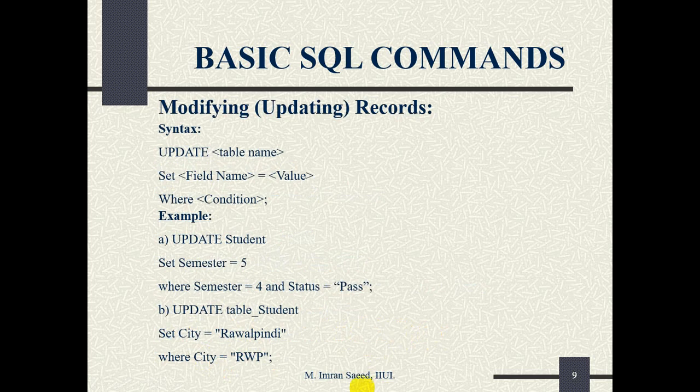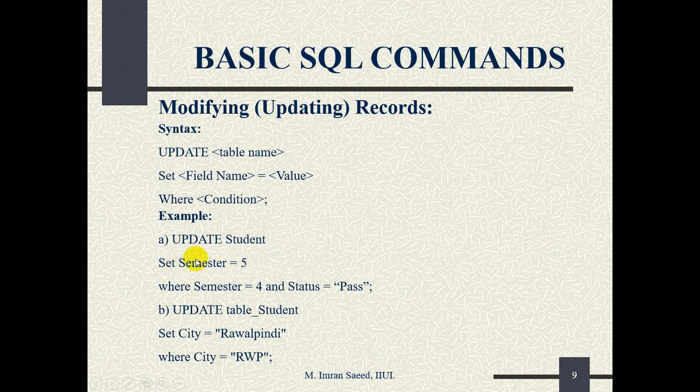Now I want to modify data, I want to change some value of the data, right? So now check, the keyword is update, the command is update, then the table name, and then the reserved word set, field name is equal to value. That means set this field's value to this, and where is a clause, a condition. So how do we write the command in this syntax? Check, update student table, set semester is equal to 5.